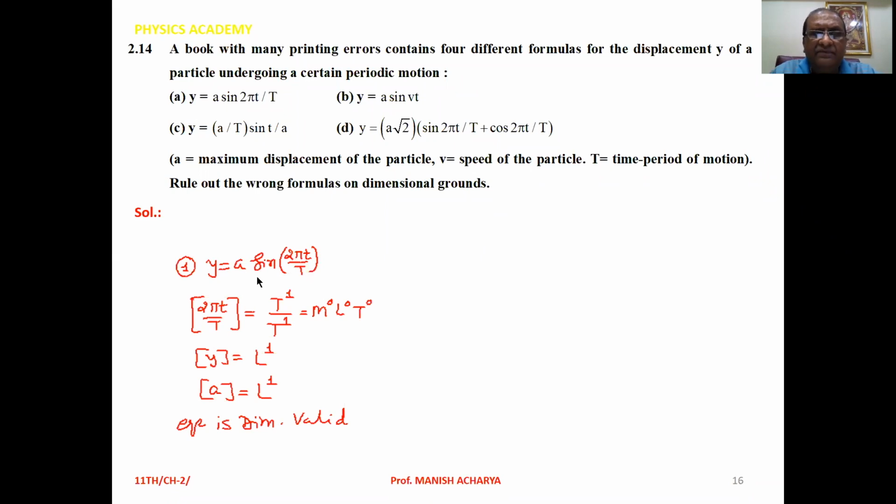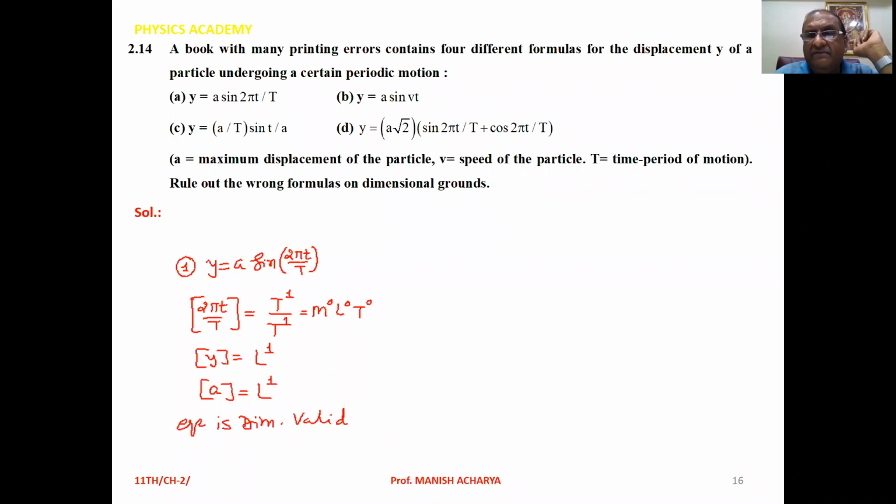Now here one thing you have to remember always: trigonometric functions sine, cosine or tangent operate on an angle, and an angle is dimensionless.